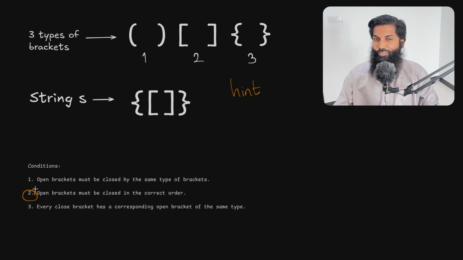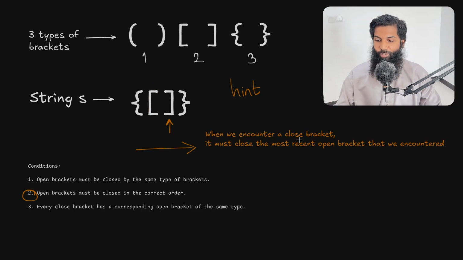Remember, when we checked for condition 2, as we traverse the string in natural order and encounter close brackets, we check whether those close brackets are closing the most recently encountered open bracket. So again, when we encounter a close bracket, it must close the most recent open bracket that we encountered.